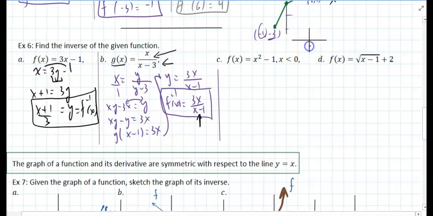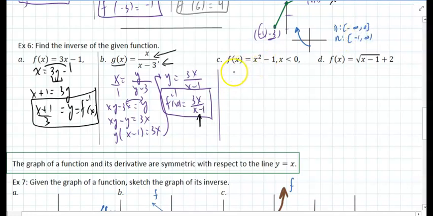X is less than or equal to -1. So it looks like this. Domain, -infinity to 0. Range, if you look at the graph, -1 to infinity.